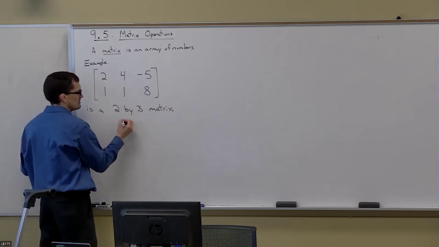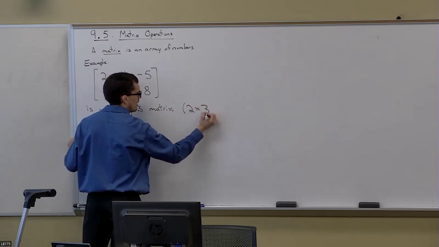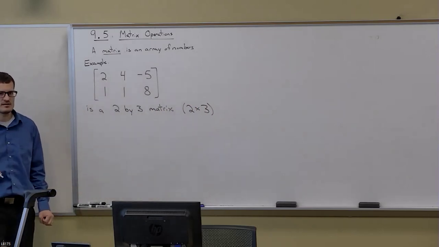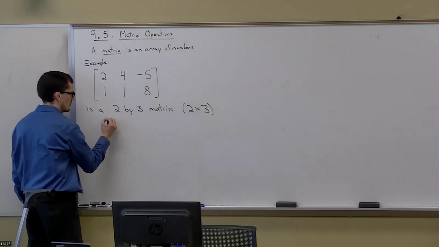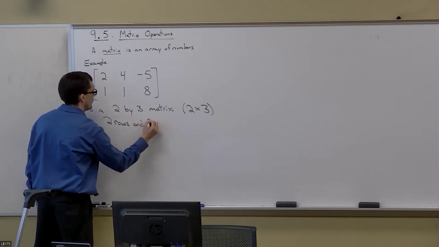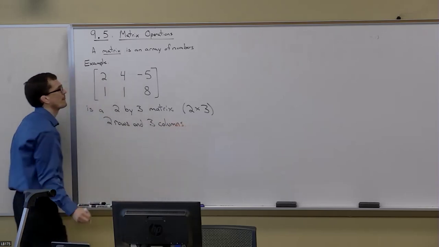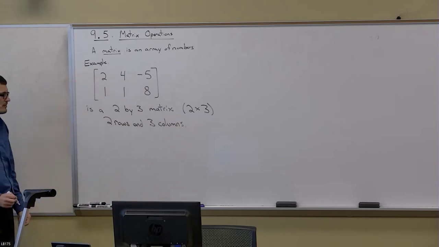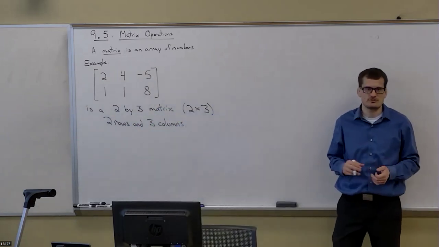Or sometimes people would say 2 by 3 as 2 x 3. And what that means is it has 2 rows and 3 columns. Right, so 2 rows, 3 columns. This 2 by 3, that's called the dimension of the matrix.